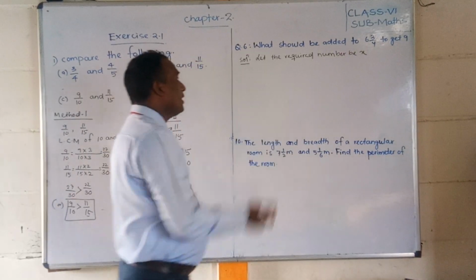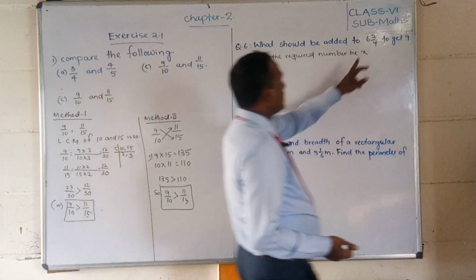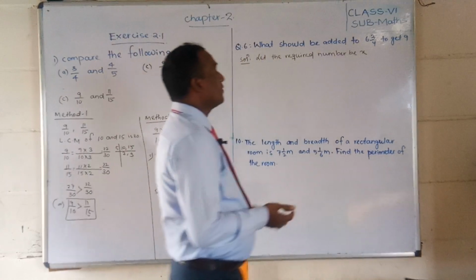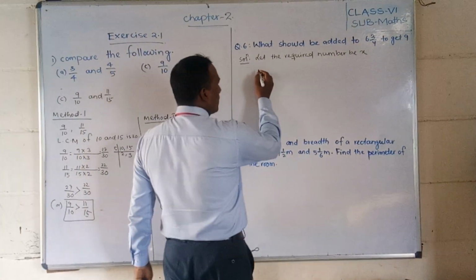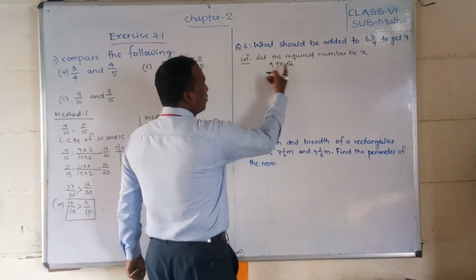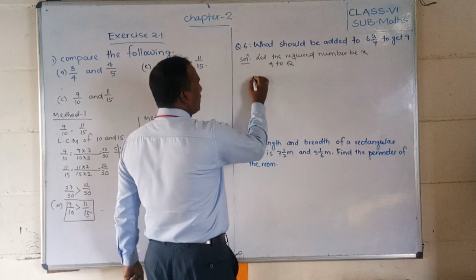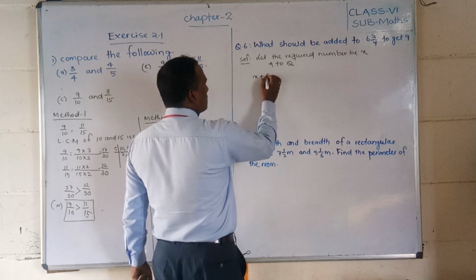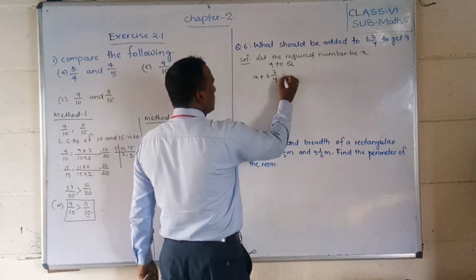How much do we have to add? x, to what? To 6 whole 3 by 4. So now, according to the question, ATQ, x plus 6 whole 3 by 4 is equal to 9.